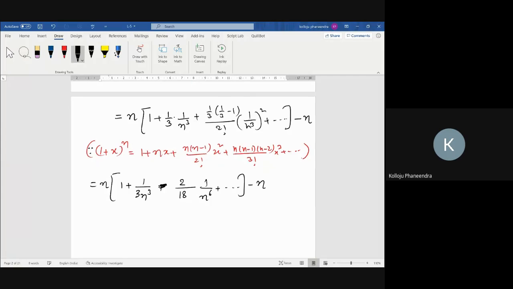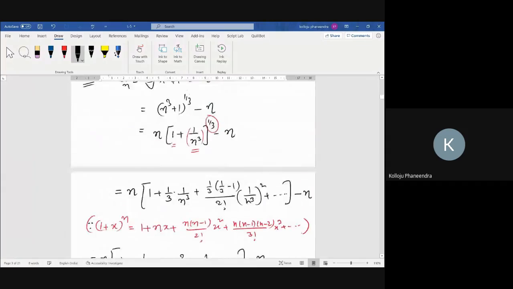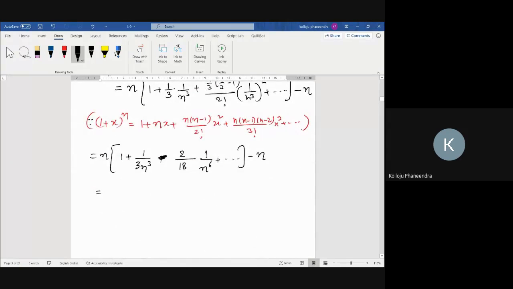Now in this entire expression, take n common: n into (1 plus 1 by 3n cube minus 1 by 9n power 6 and so on), and finally minus 1, with n common.